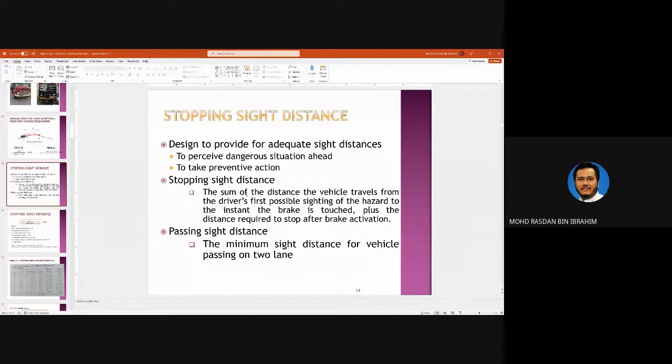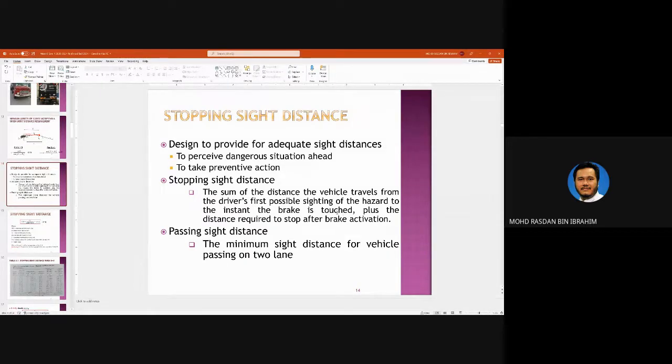So it is the sum of the distance the vehicle travels from the driver's first possible sighting of the hazard to the instant the brake is touched, plus the distance required to stop after brake activation. So you see it, you take maybe half a second, 1 second, and then you press the brake. The vehicle will screech and it stops. The total distance there is the stopping sight distance.